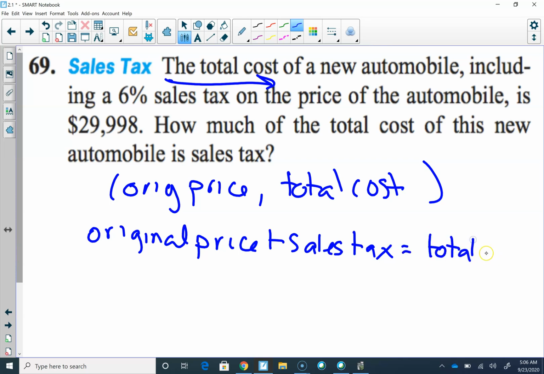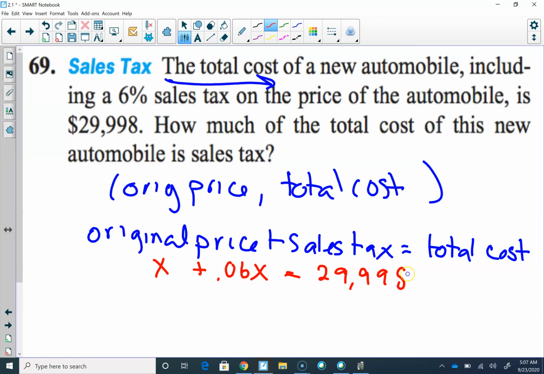And that makes sense just thinking of when you buy something. You can have the cost of it plus the sales tax. How much of the total cost of the new automobile is sales tax? So I have my original value, which I don't know. So I'm going to just put that as X plus the sales tax, which is 0.06 times X, 6% of the price, is going to give me my $29,998.